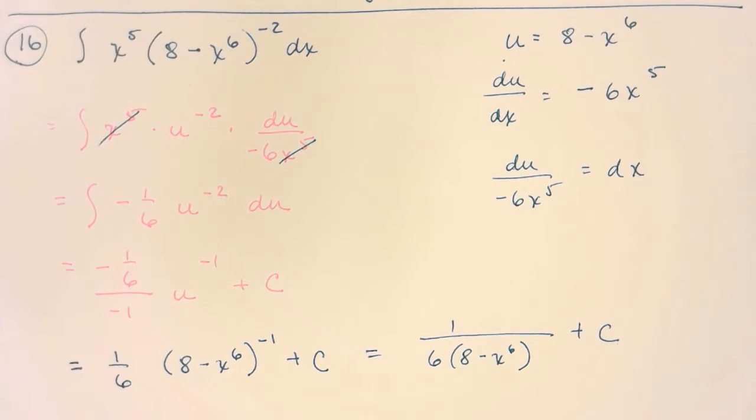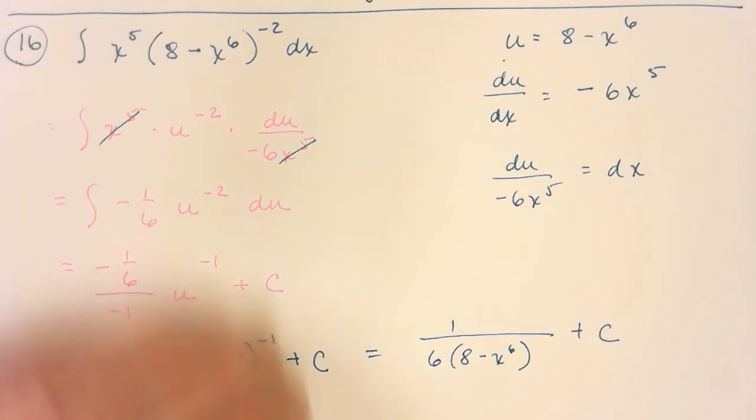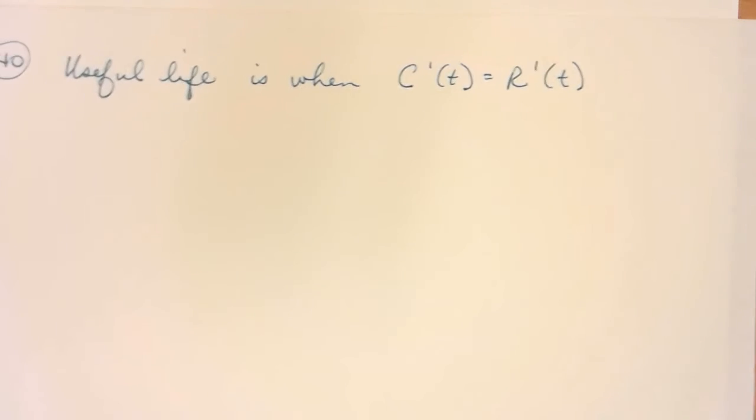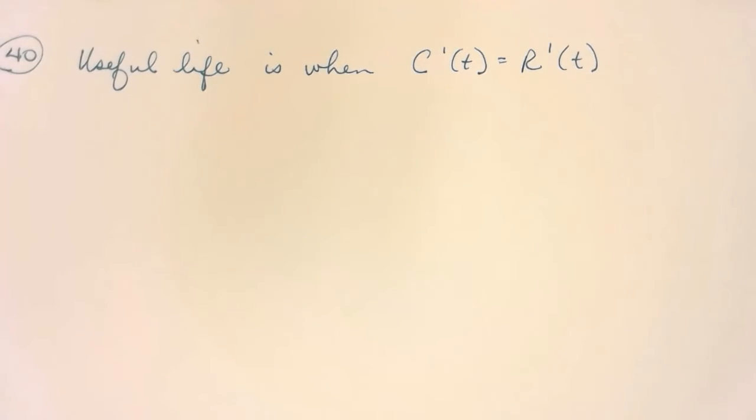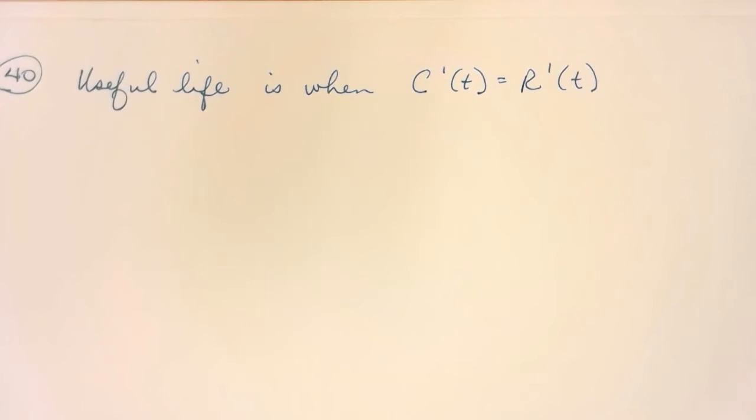Let's see, you also said problem 40, I think. So let me get problem 40. You've got to understand useful life is when cost equals revenue.